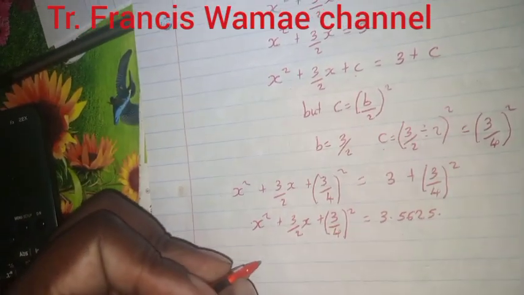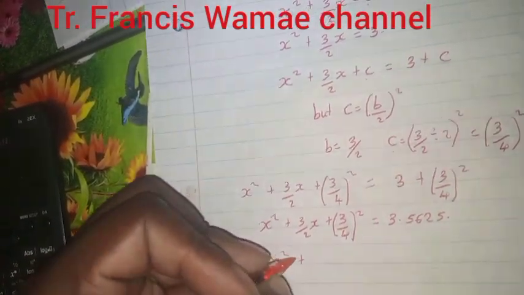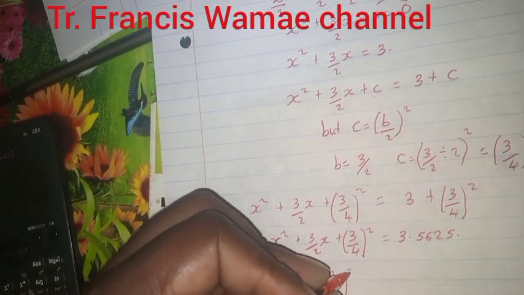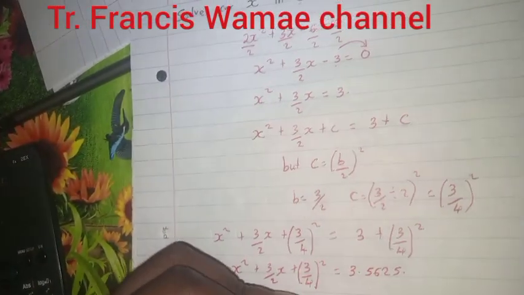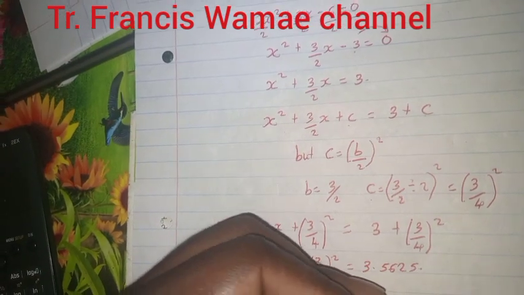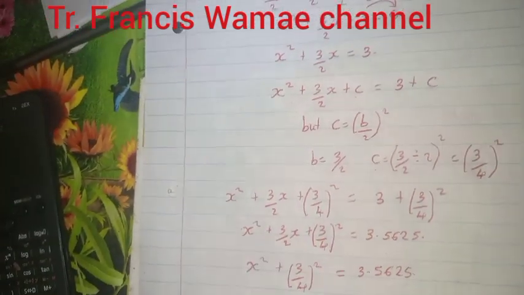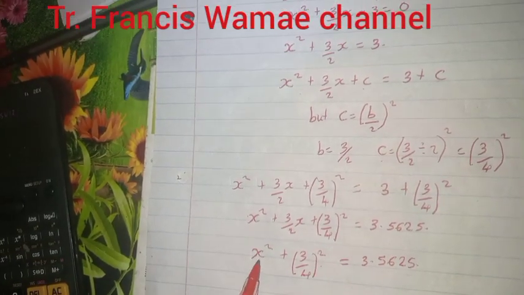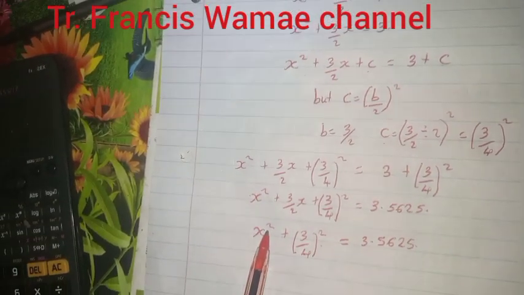Now, from here, we just pick those numbers on the right hand side that have squared. And that means we will take x plus 3 over 4 squared, and with that we will have 3.5625. The reason for doing that is because we can get the square root of this, and we can also get the square root of these numbers.